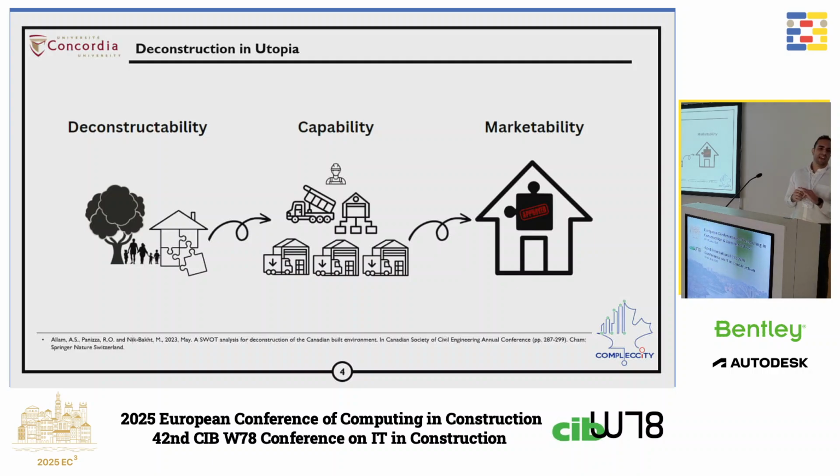We can deconstruct every single component in the building. That's amazing. Capability: we have all the labor, all the infrastructure, all the means to be able to deconstruct that. Great. Marketability: we have a market for this. There are customers who are willing to take these components and use them in the built environment.